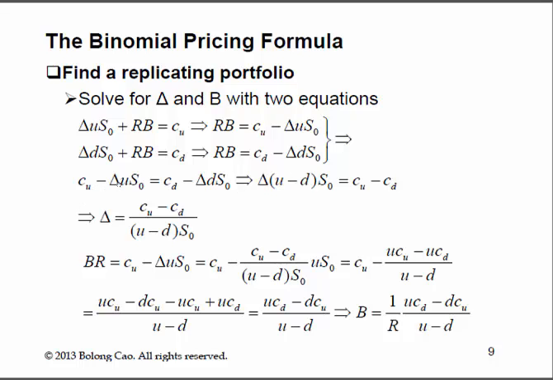It says the call option payoff in the up state minus delta times U times the underlying spot price equals the call option payoff in the down state minus delta times D times the underlying price. Then we can rearrange terms and get an expression for delta. Delta is the upstate payoff minus the downstate payoff, divided by the upstate stock price minus the downstate stock price at expiration.